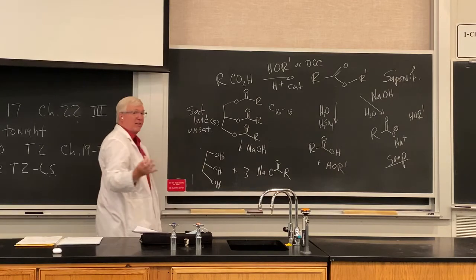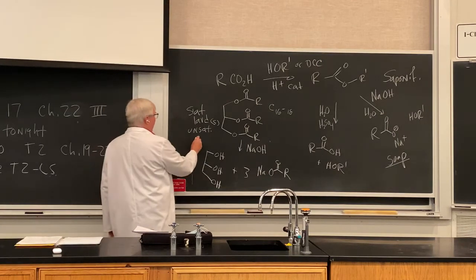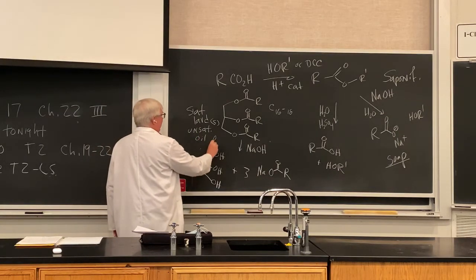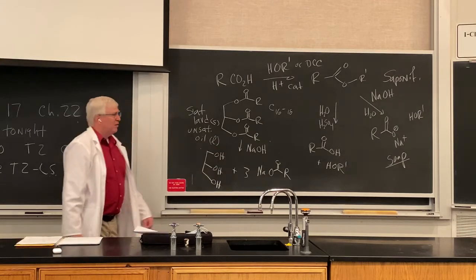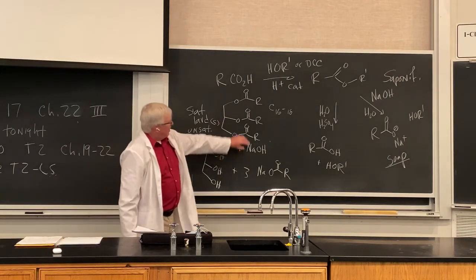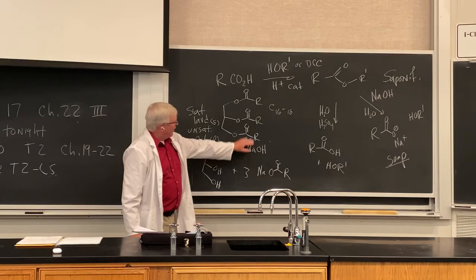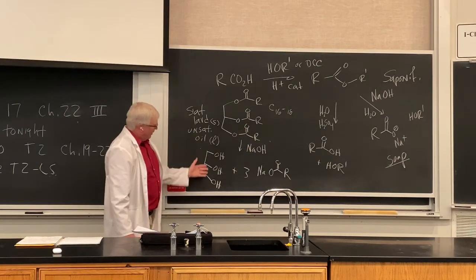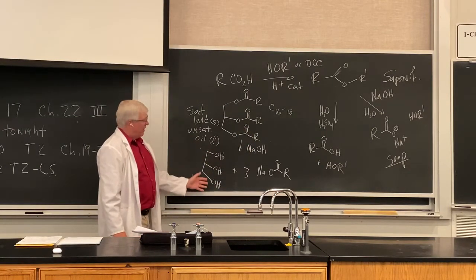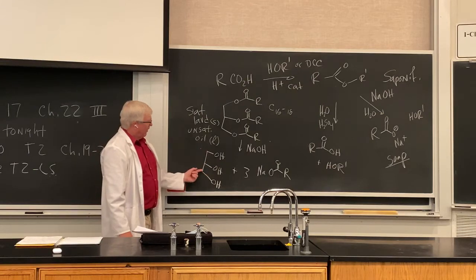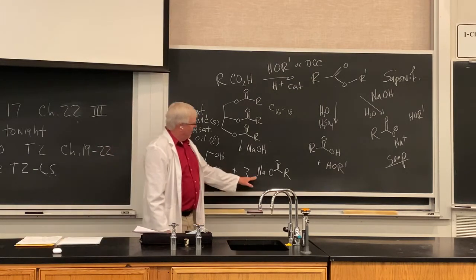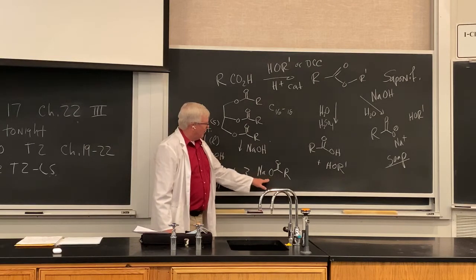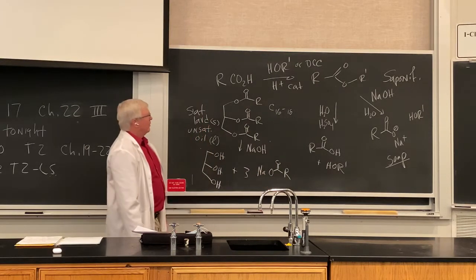It can be polyunsaturated as well. These are oils, and they're liquids at room temperature, okay? So we can treat those under saponification conditions with sodium hydroxide and water and make what? Glycerol or glycerin, the triol of propane, and 3 equivalents then of the sodium carboxylate are liberated.